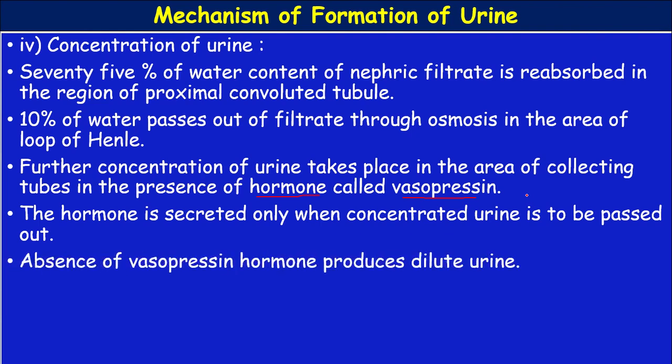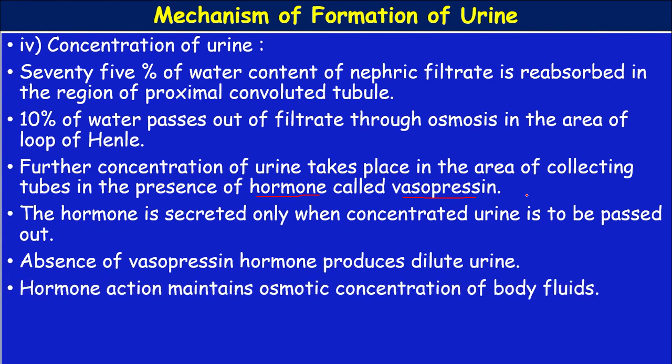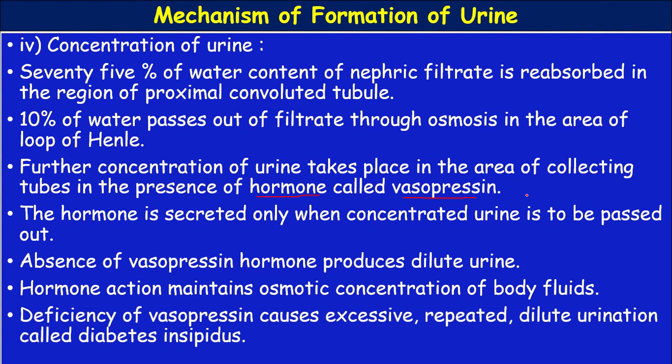The absence of vasopressin hormone produces dilute urine. It is one condition called diabetes insipidus. When this hormone is not secreted in proper amount, what happens? More dilute urine, with more water, is excreted. So the hormone action maintains osmotic concentration of the body fluids.